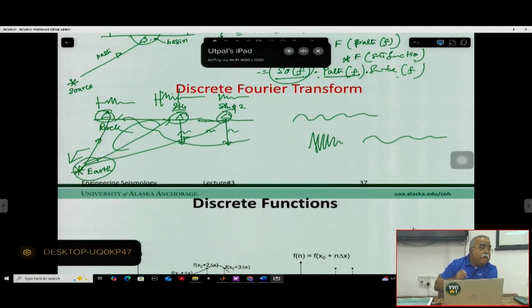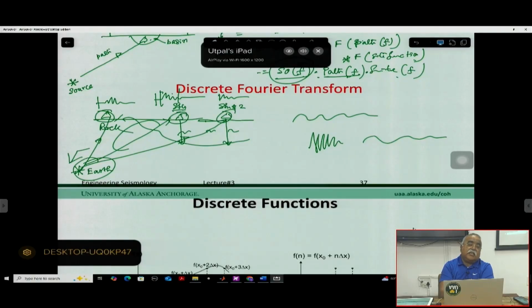We recorded all the data, but how do we extract the source information? In the recorded signal, whatever you record, it is a combined convolved product of source, path, and site, right? So that is no doubt.